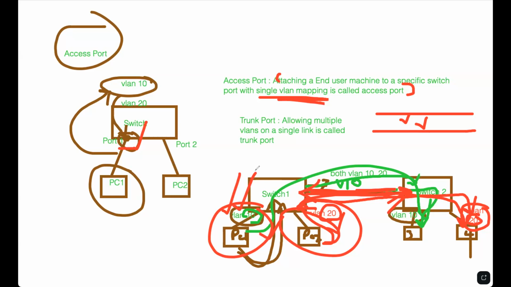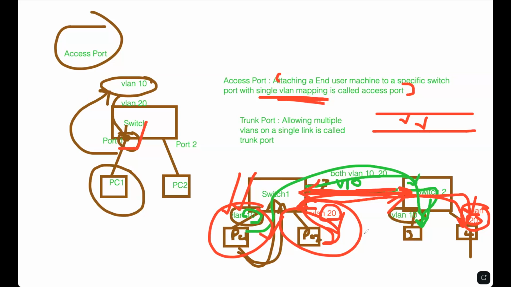We do, yes. The access port is where we are tagging the VLAN, but the trunk port is where we are allowing both the VLANs. Yes, thank you. Sir, is the tag nothing but the name of the PC that we are giving? I mean, the VLAN is just a naming convention. That's why we are calling it a tag, right?